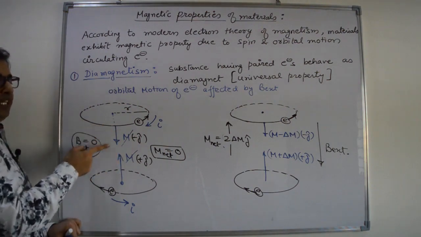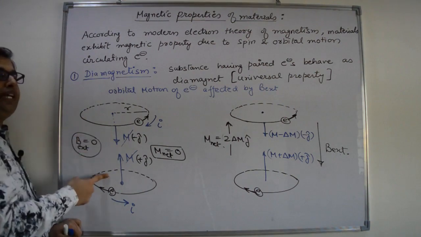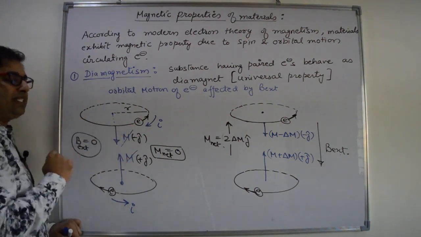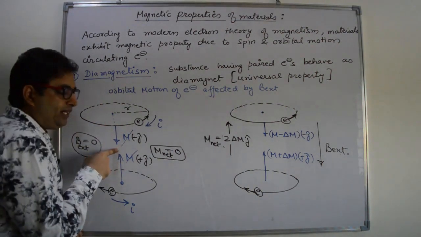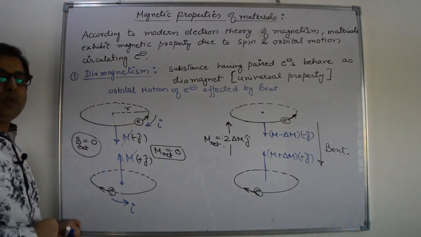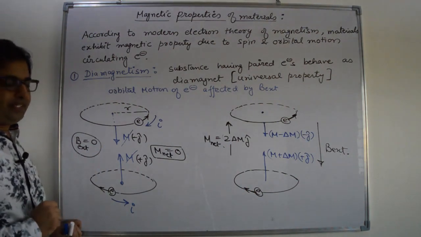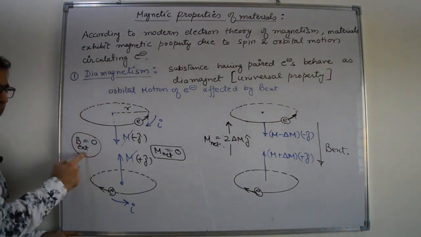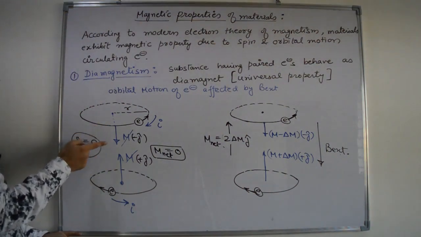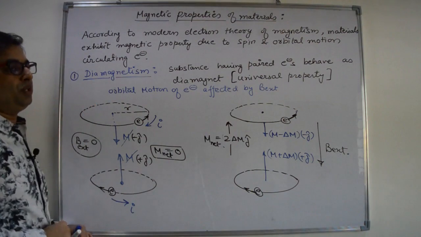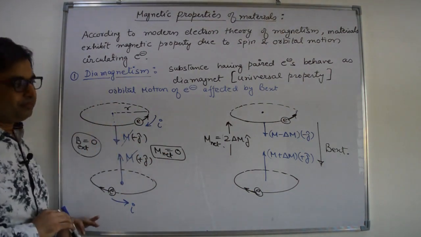Because of opposite directions, their magnetic moments are also in opposite directions and they cancel each other out. This magnetic moment was already calculated in the magnetic effect of current chapter, right? So there is no magnetic field from this material, and the net magnetic moment of the material is zero. That means there is no magnetism inside the material.